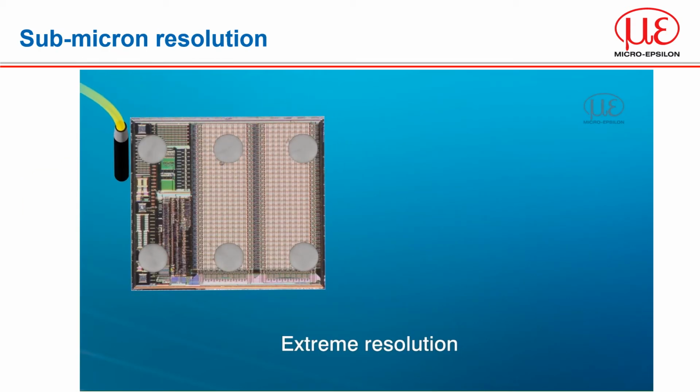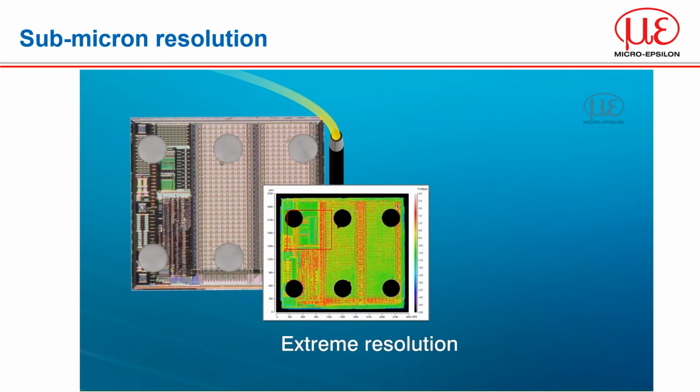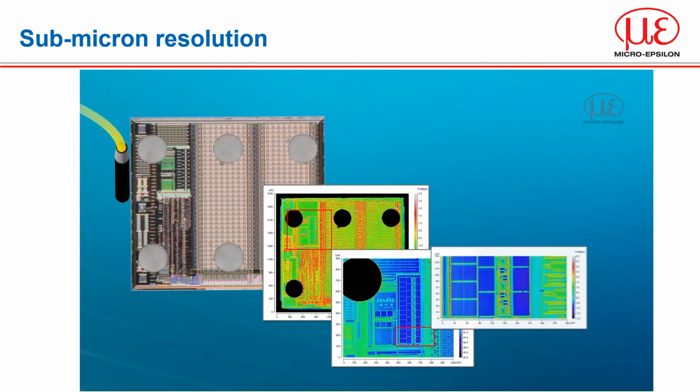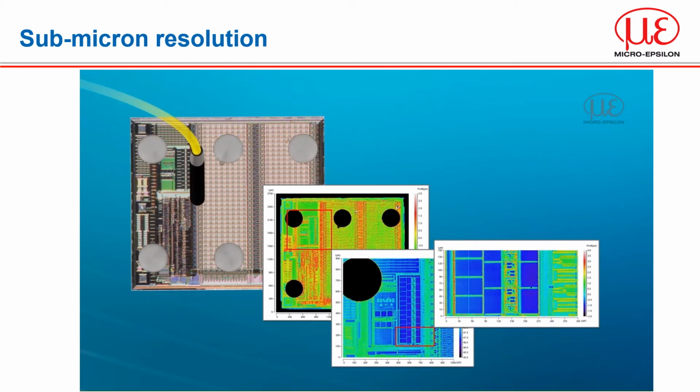Confocal chromatic sensors provide an extremely high resolution. As individual spectral colours are used for the measurement, resolutions in the sub-micron range are possible. Combined with the much smaller spot size than a laser triangulation sensor, confocal controllers from Micro-Epsilon provide a resolution down to 10 nanometers.